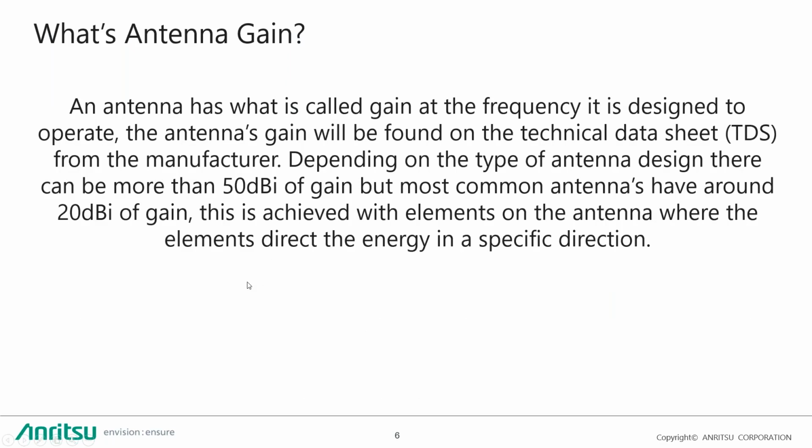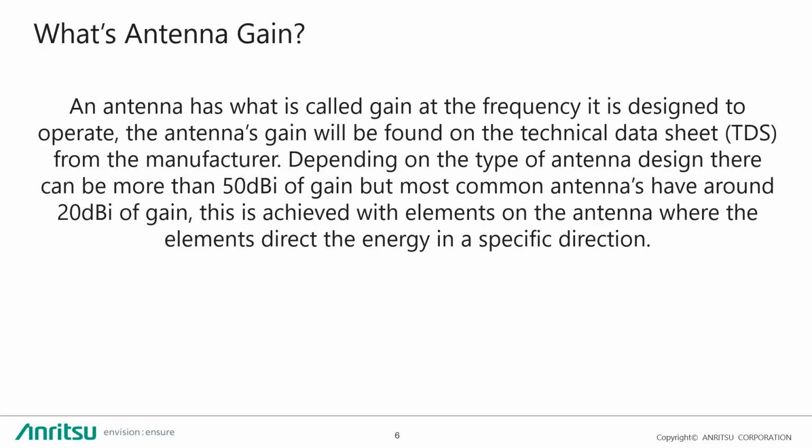The other subject to talk about when thinking of antennas is antenna gain. An antenna has gain, and you can find that gain in the technical data sheet from the manufacturer. Depending on the type of antenna design, there can be more than 50 dBi of gain, and those are generally parabolic, large satellite antennas.